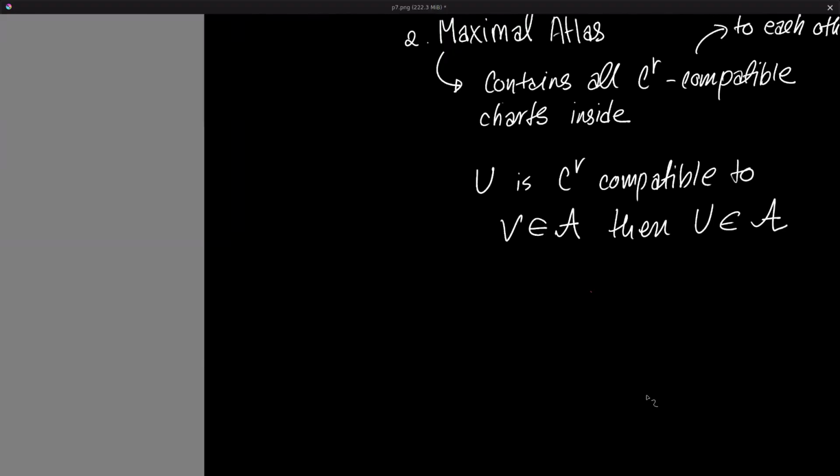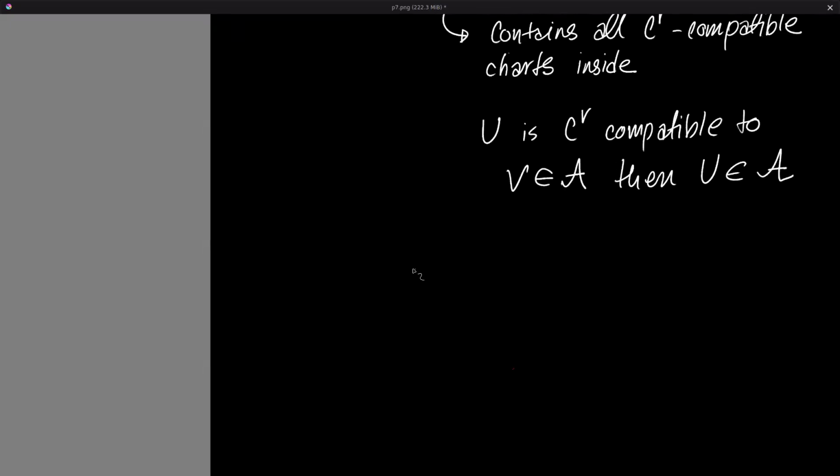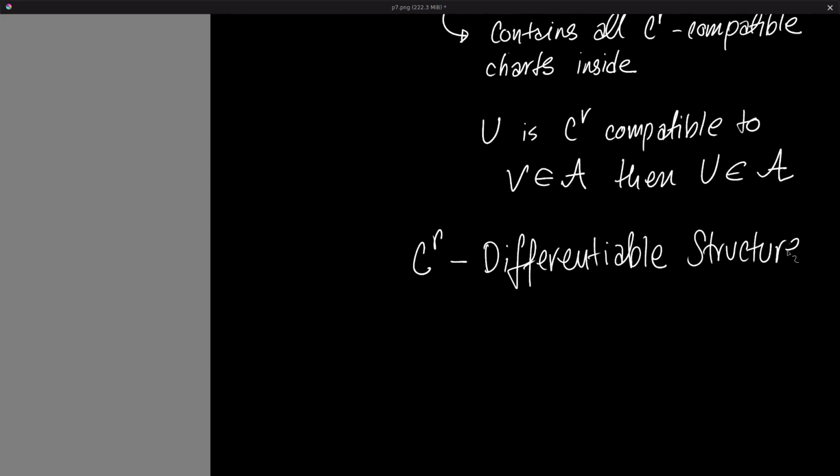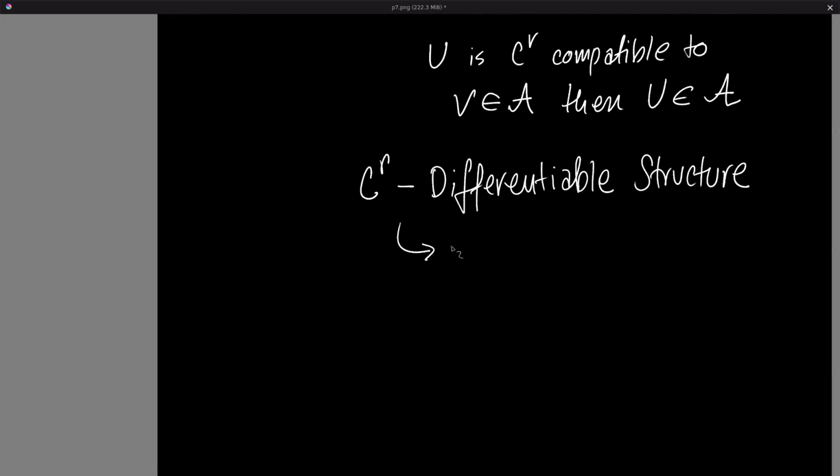We're almost there. So we're going to now define something called a CR differentiable structure, and that is simply a maximal CR atlas.